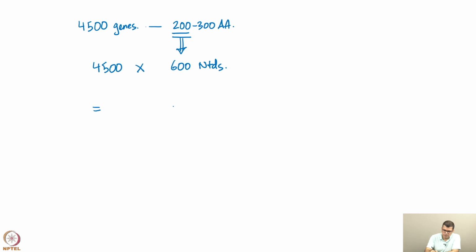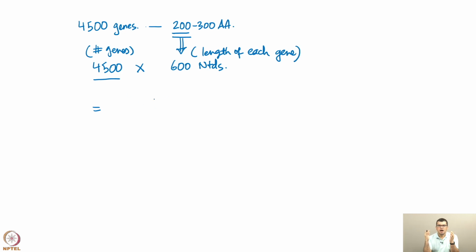That gives me, so this is number of genes, this is length of each gene, and what that means is that if I were to just multiply these 2 numbers, that would tell me how much of the genome of E. coli is just taken up by genes only.